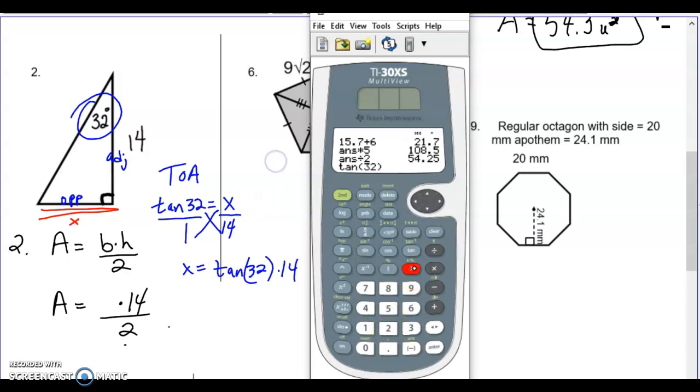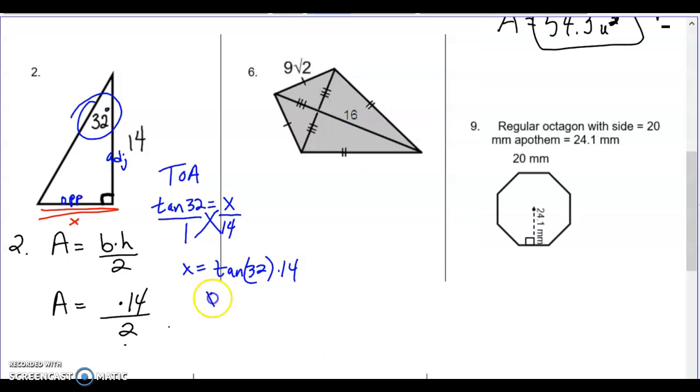Don't forget to close the parentheses, and then times the 14. If you do not get the answer that I had, and you can't figure out why, make sure you come and have me help you. So X would be 8.7. That would be the base of my triangle. To find the area, I just need to multiply those out on my calculator and figure out what I get.